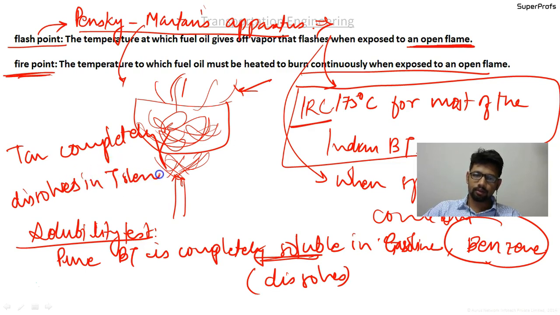So these are the tests that can be used to find out the purity of bitumen. If it is pure bitumen, it is going to be completely soluble, it is going to completely dissolve. If not, it is not going to dissolve. So this is the way the purity is found out.